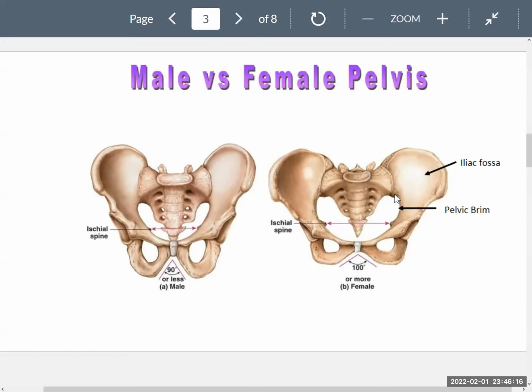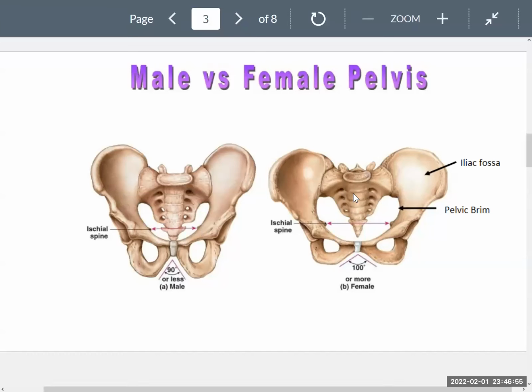The pelvic rim is this circular area, sometimes oval. In the female, it tends to be oval. In the male, it tends to be more circular. The ischial spine that we looked at is here or here.